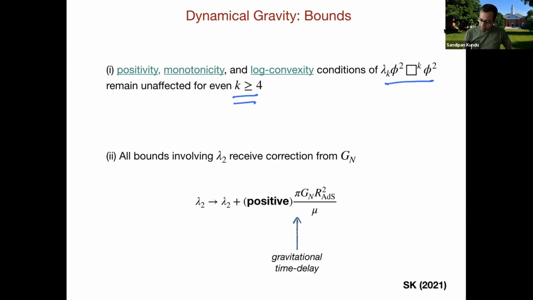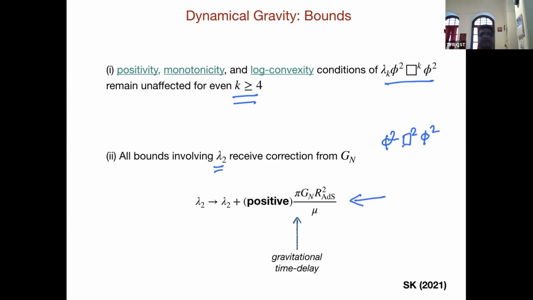But all bounds involving lambda2, which is the coefficient of phi square, box square, phi square, now have a shift. There is a shift by G Newton. This is because gravity is spin 2, right? Exactly. And the fact that this is positive is a statement that there is gravitational time delay, not advance.